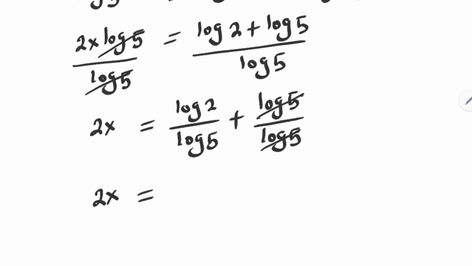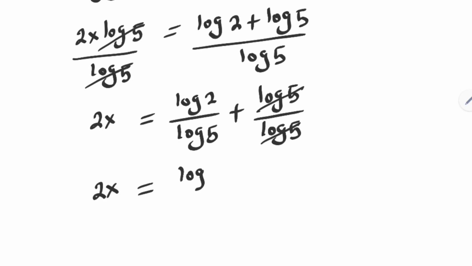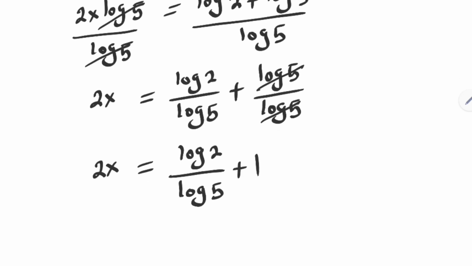2x is equal to log 2 over log 5 plus 1. Now, if you have log a over log b, this is equal to log a base b.